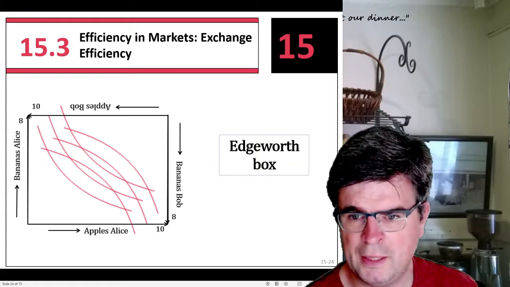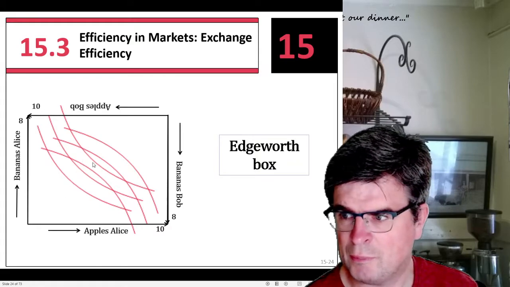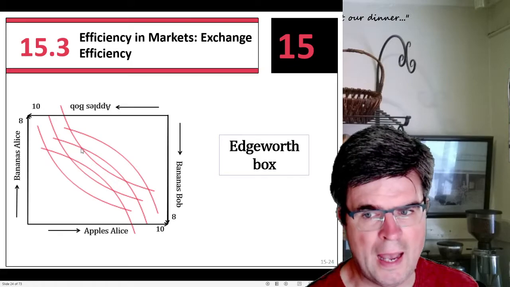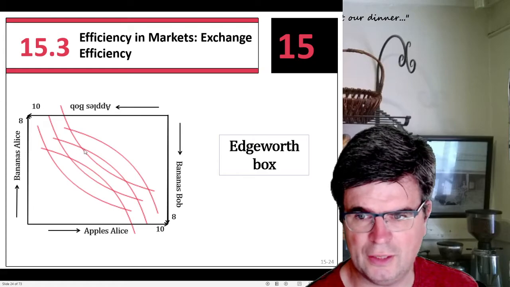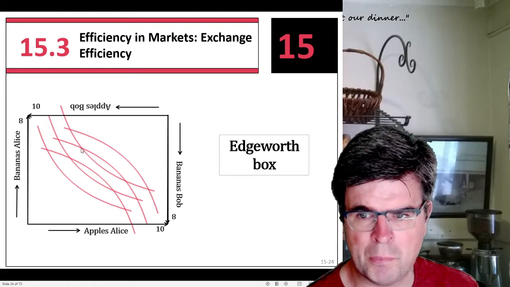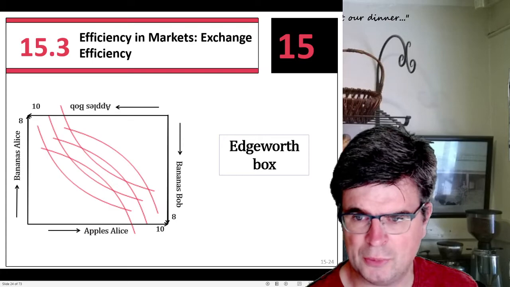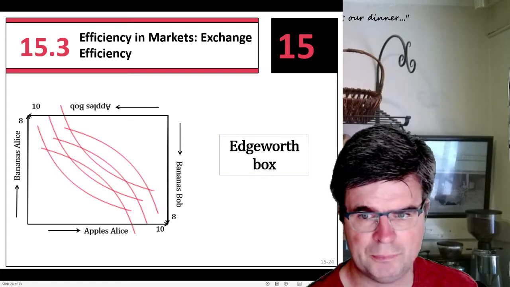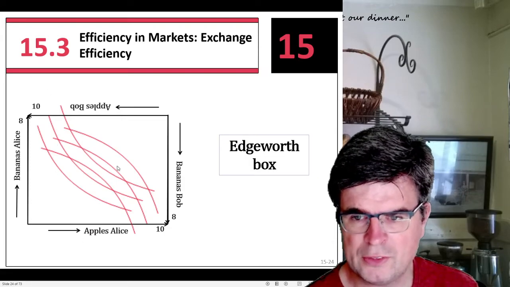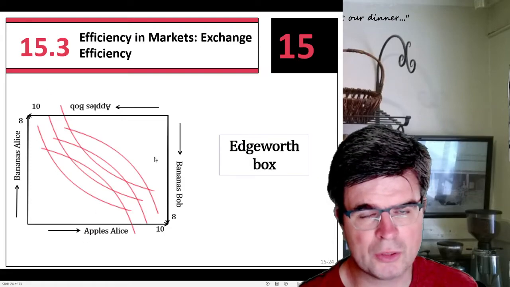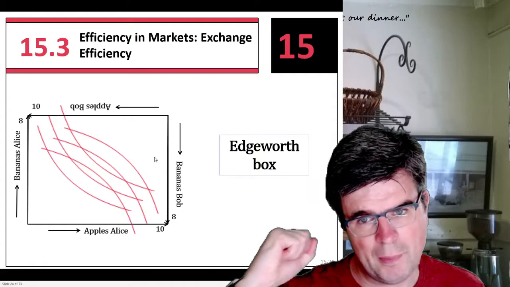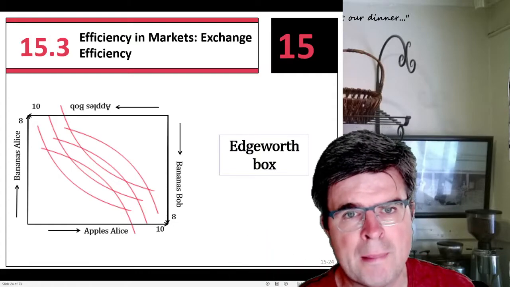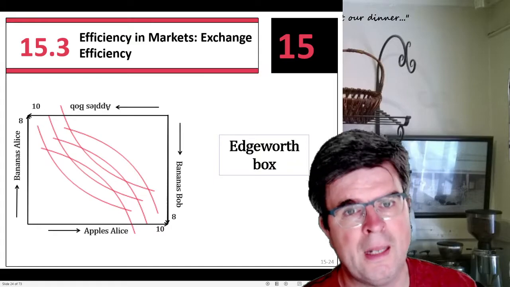And if you would be at a point, say, somewhere over here, Alice has 4 apples and say 6 bananas, and Bob has the remaining bananas, so he will have 2, and he will have 6 apples. So all the points in this box, you can just make dots, and each dot will represent an allocation of apples and bananas between Alice and Bob.